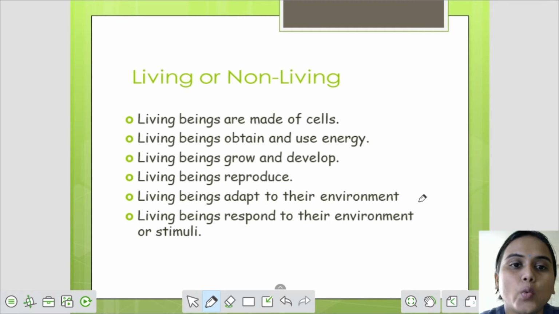Here, we have a condition that determines whether the organism is living or non-living. So how are we going to decide which are living organisms and which are non-living? One thing is that living beings are made up of cells. This is the fundamental unit of living.